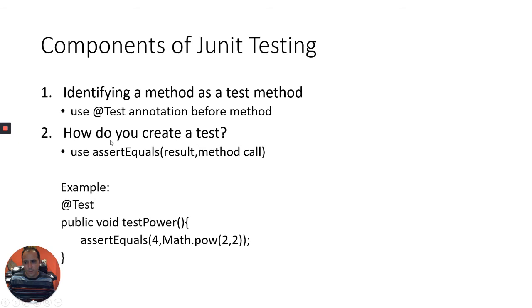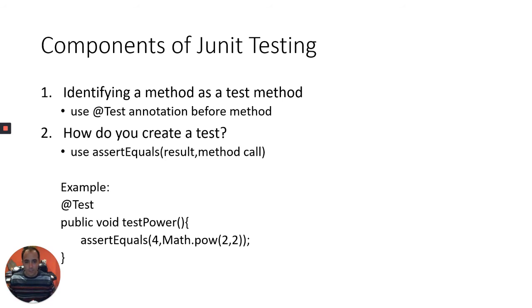And then you can create a particular test, and that test always follows a particular format. It uses a certain method that really has just two parameters. One parameter gives you the desired result, and the other actually calls the method and takes back the result from that method. Then it checks to make sure the two are equal, and if they're equal, it gives you a thumbs up, you've passed.